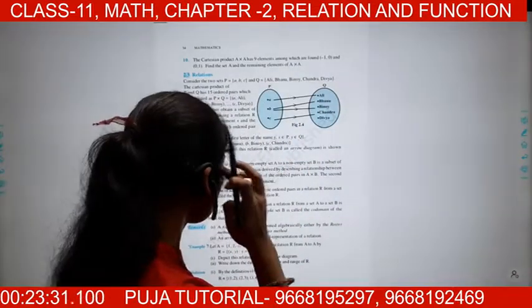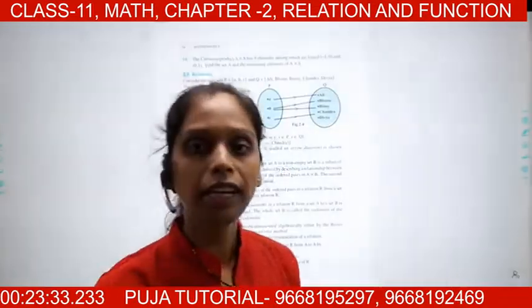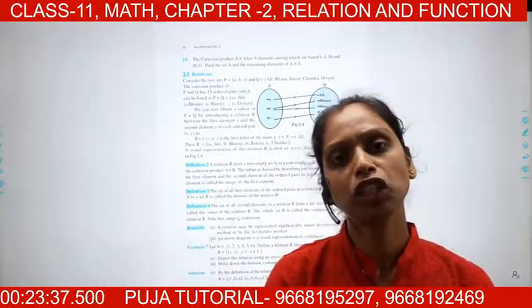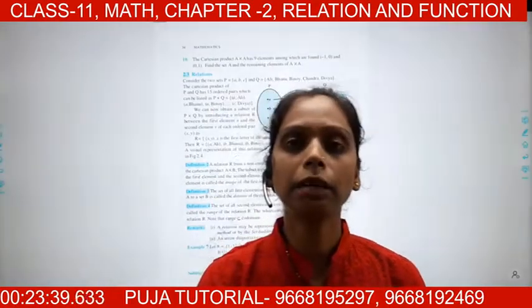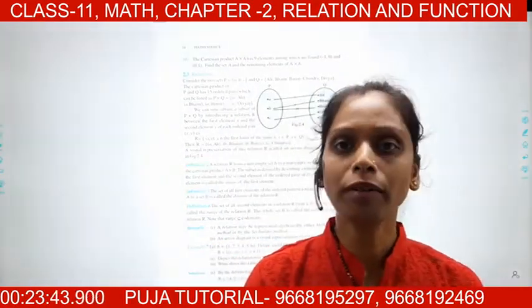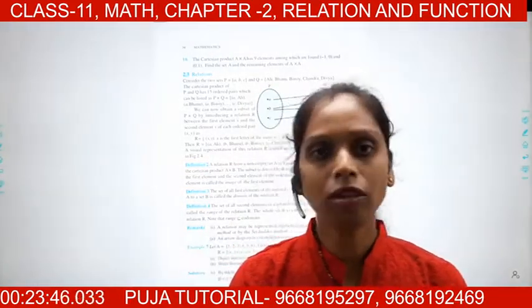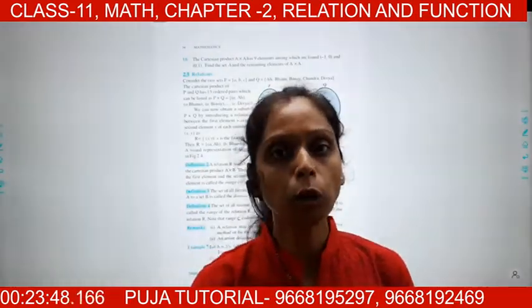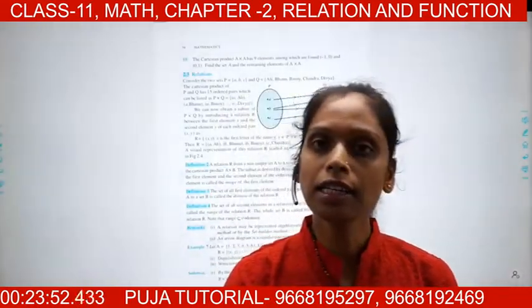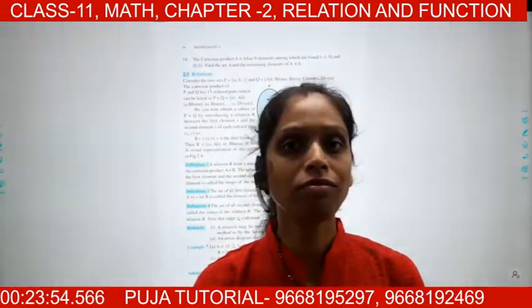Now next one is relation. Actually, relation is a very important chapter of mathematics, because when you get the notion of relation, then you can find out how the function works. Then relation is a concept of the function.